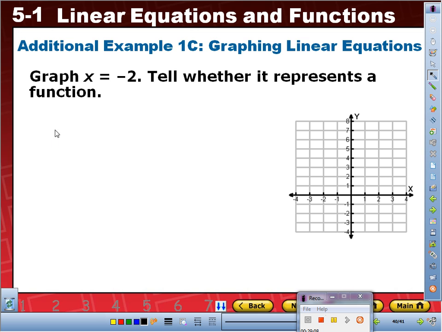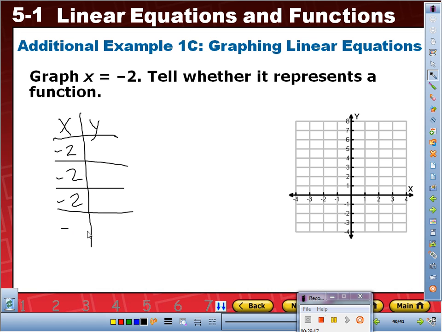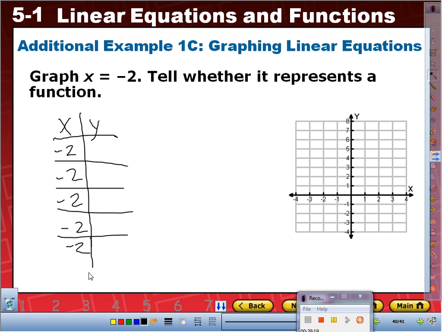So check this out. If I was to build an input-output table, what is the x value? -2, -2, -2, -2, -2. And you're saying, isn't it from -2 to 2? Yeah, but is there a y value? No. And what is the only value they give us? -2 of what? x. That's why for anything that we do for y, it's always going to be -2. So does it matter what number I substitute for y?